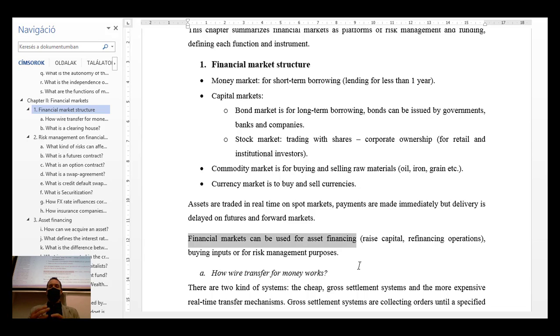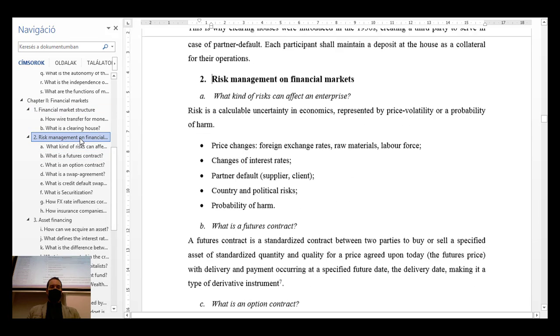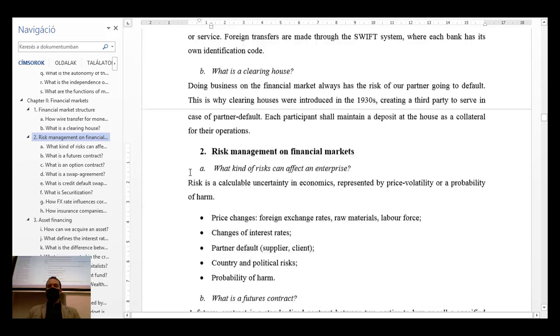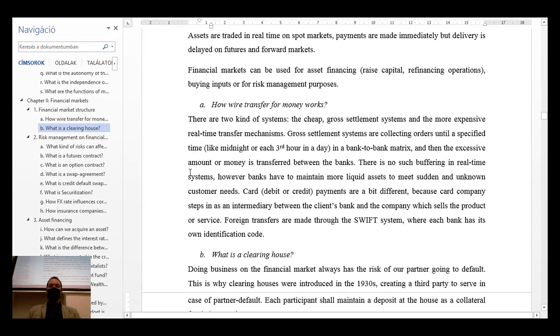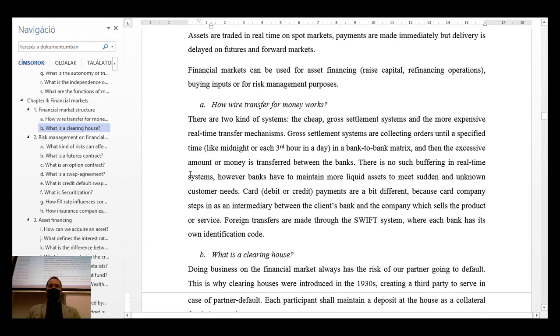You go directly to the markets and collect funds. And of course, there can be risk management purposes too. So the second section will be dealing with all this fancy stuff like futures, options, swap agreements, CDS, securitization. It will be terrible, but you have to learn this because you will be economists.